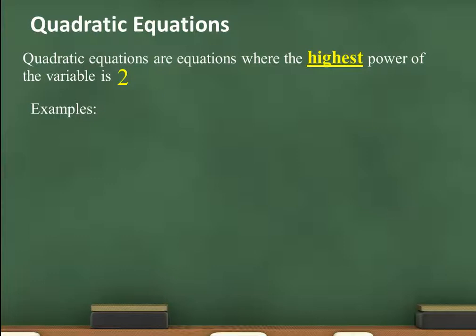For example, you will note that for all these 5 equations, the highest power of the variable or the unknown is actually 2. Therefore, all these equations are quadratic equations.